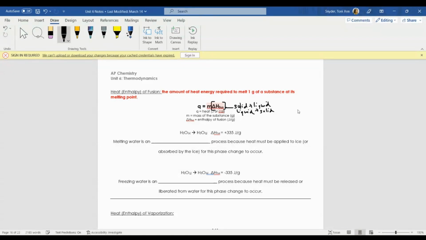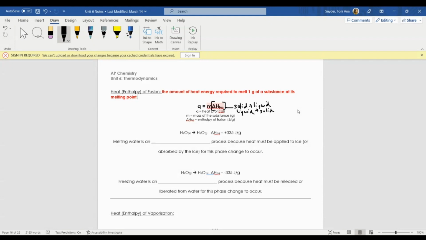Where M is the mass, which is consistent, and that delta H of fusion is how much heat must be applied in order to melt 1 gram of something. And it's going to be different depending on the nature of the material itself.